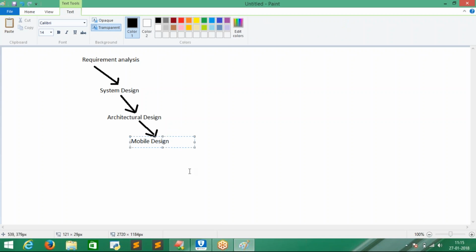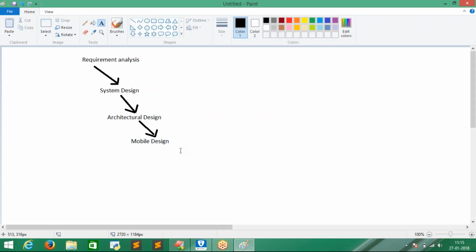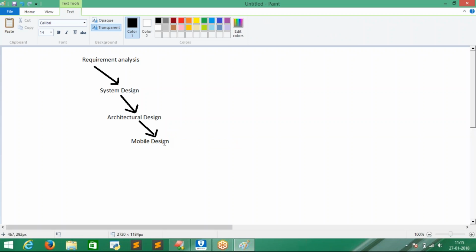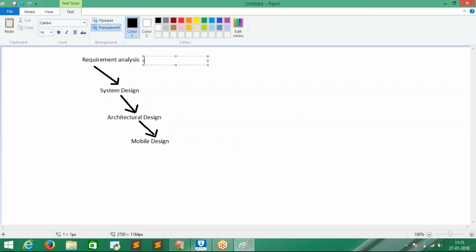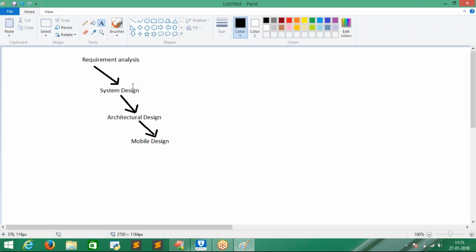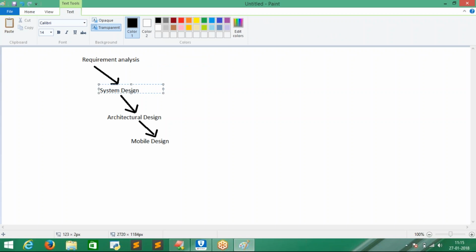Whether it is module design, architectural design, or whatever, remember one thing: this is requirement analysis, and after requirement analysis comes system design. System design is also called the planning phase.